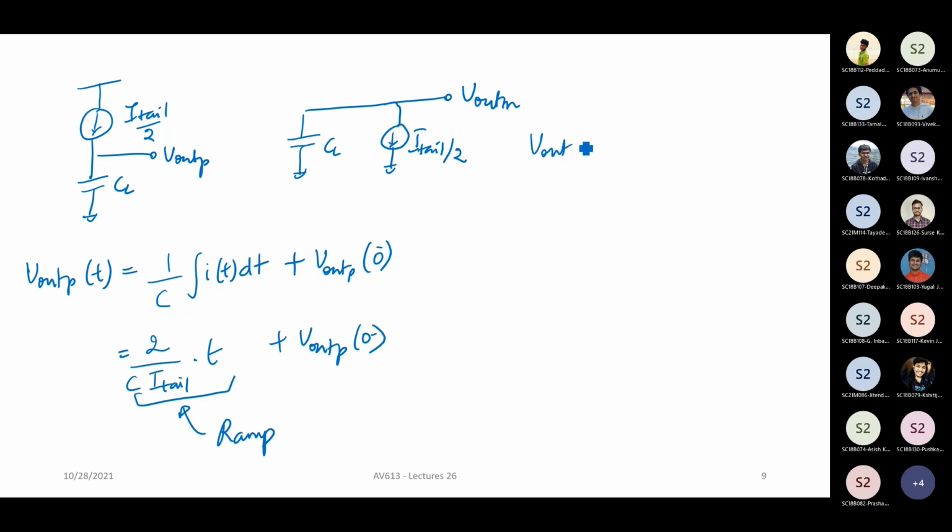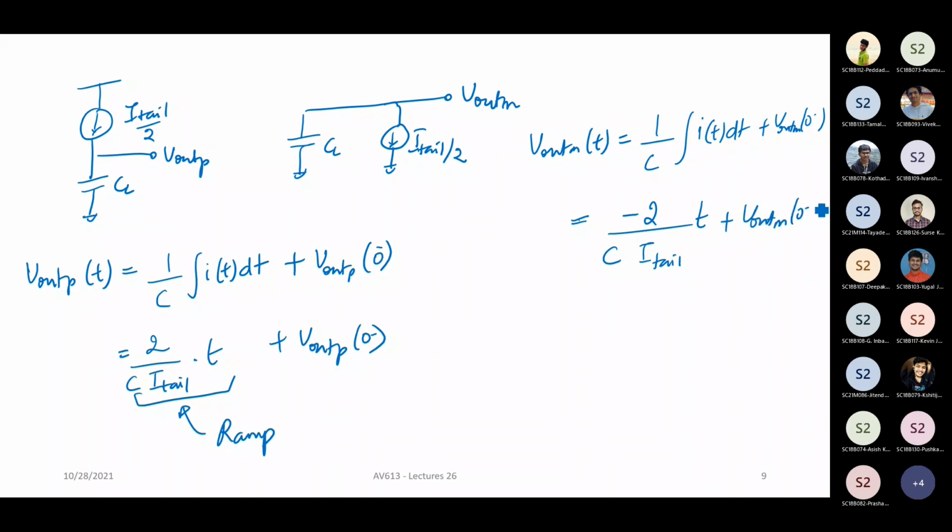Similarly, how is your Vout M of t going to look? Same thing: 1 by C integral of I of t dt plus Vout M of 0 minus. Here also you have I tail by 2, but in the negative direction. So this will be minus I tail by 2C multiplied by t plus Vout M of 0 minus. So this is again a ramp.